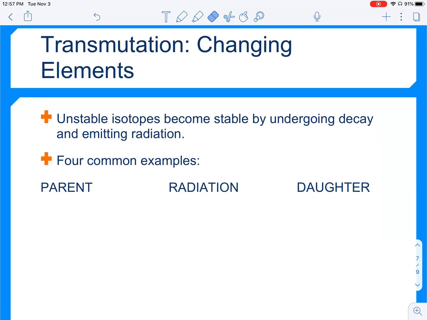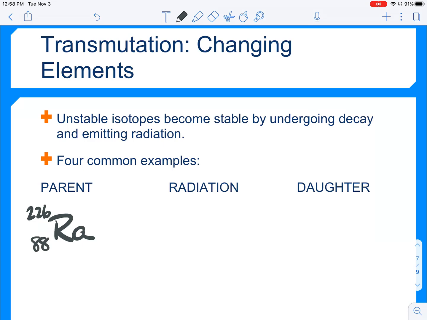So, some examples of different types of radiation. If we start with the parent, the parent is the unstable isotope that you start with. Let's take an example of radium-226.